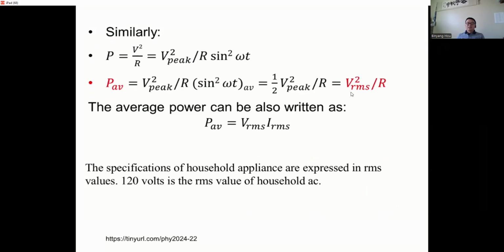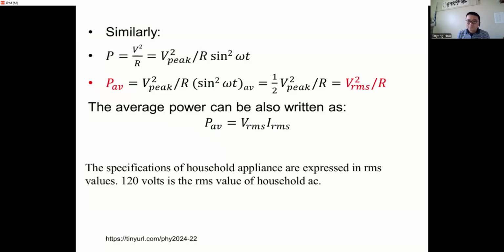The average power in the AC circuit will be V squared over R again, but with the root mean square of V. And you can derive the similar thing by calculating P equal to V times I, and you get this result: average power is equal to V RMS times I RMS. So this is why, a couple of slides ago, I talked about the specifications in your appliance.